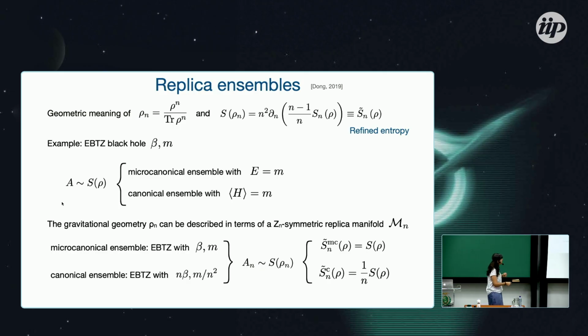This has the consequence that the von Neumann entropy in the replica ensemble, which we associate to the area of the event horizon of these two black holes, gives a refined entropy, and also the Renyi entropies, which is sensitive to the ensemble. So this is, at least to our knowledge, the first construction that made manifest the ensemble dependence of Renyi entropies. It was done in holography, but it applies generally. And so in particular, the refined entropy differs.